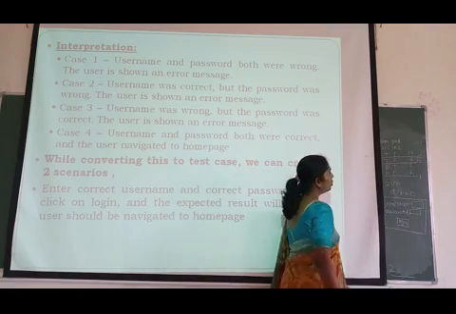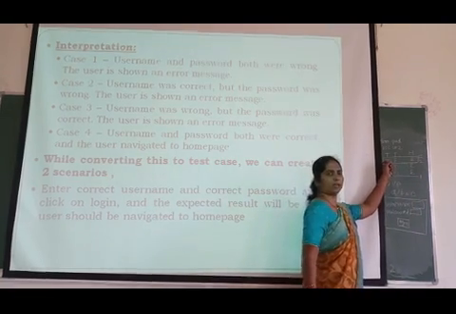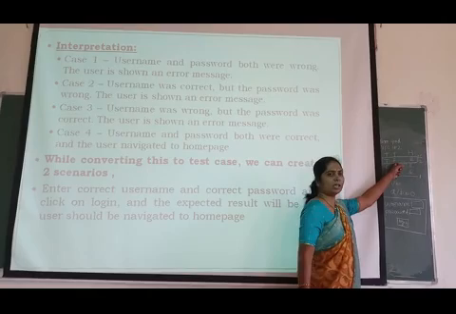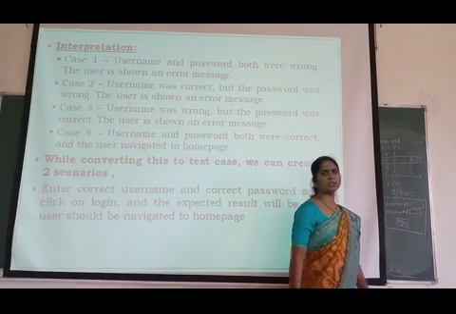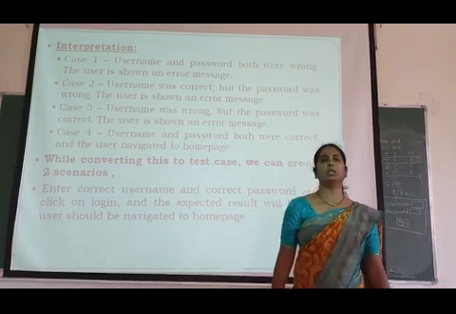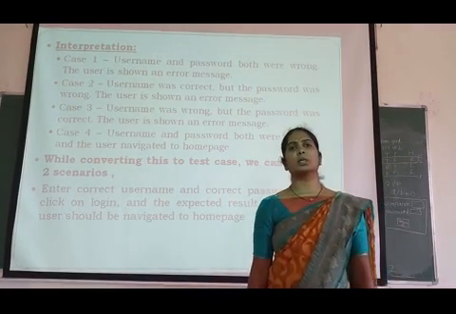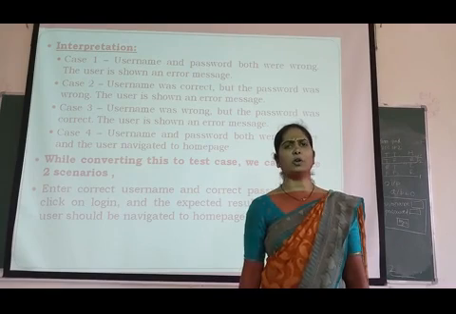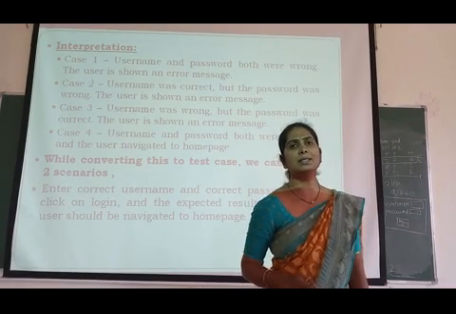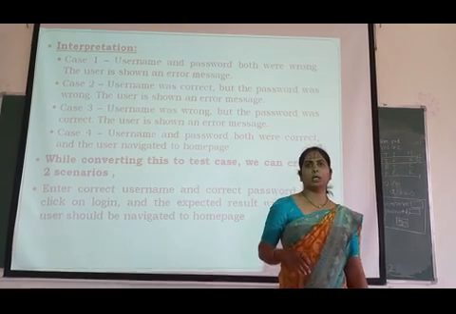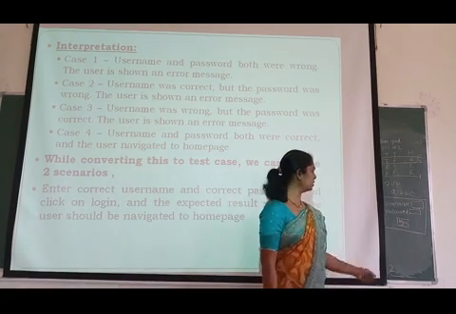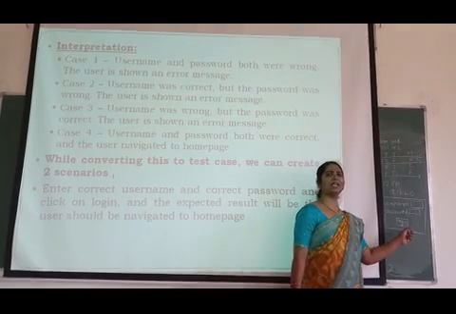The username was correct, but the password is false. Then what is displayed to the user? The user gets an error message. Why? Because the system should not let the user in. If the user clicks the login button, he gets an error message.